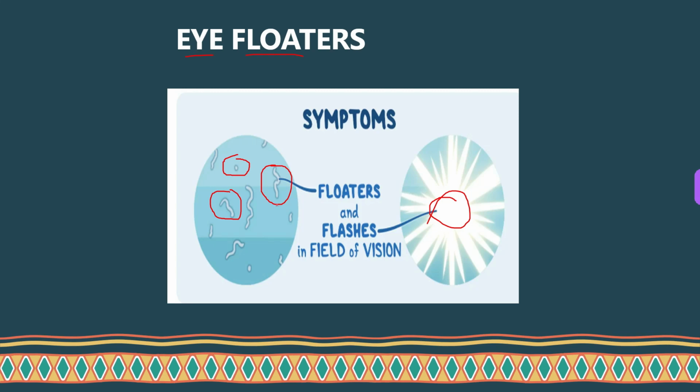If the scar tissue forms over the macula, the part of the eye responsible for central vision, this is called macular pucker, as it causes the macula to pucker or wrinkle as it shrinks, which is called macular degeneration.